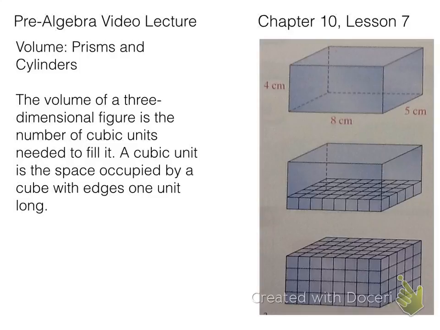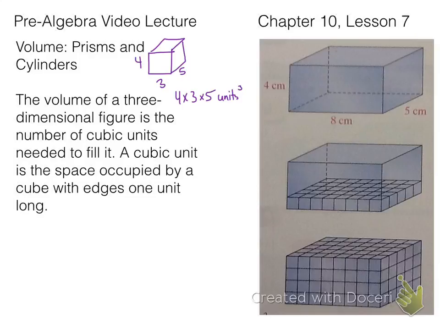So if there are no specific units and it's just 4 by 3 by 5, you would say that the volume of this would be 4 times 3 times 5 units cubed.